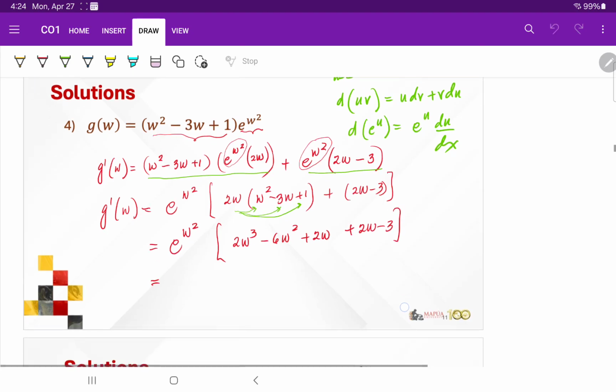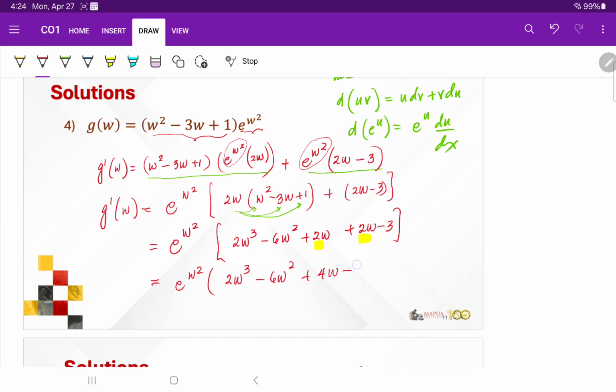So if we simplify further, we group similar terms. Now take note that this and this are the same. So we have e to the w square times 2w cubed minus 6w square plus 4w minus 3. So that gives you your g prime of w.